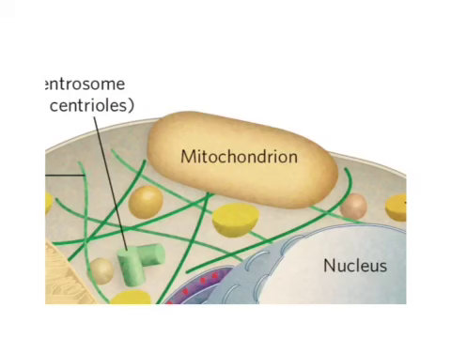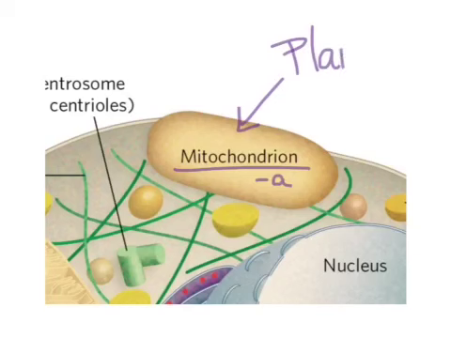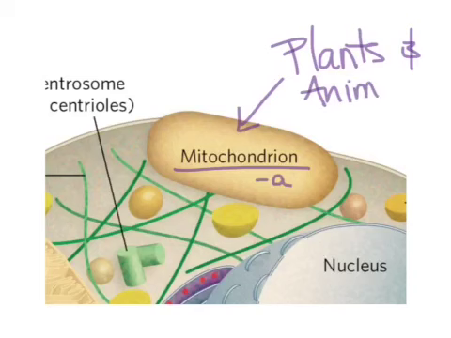If we zoom in on the animal cell, the first structure, the first organelle you might notice is this thing called a mitochondrion, or mitochondria sometimes. And the mitochondrion is in plant cells also, and it's also in animal cells.